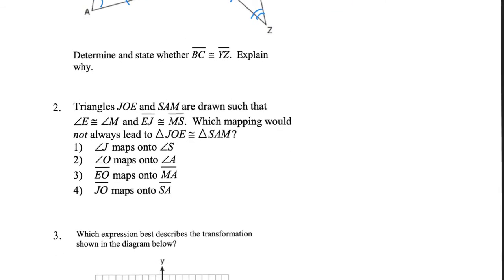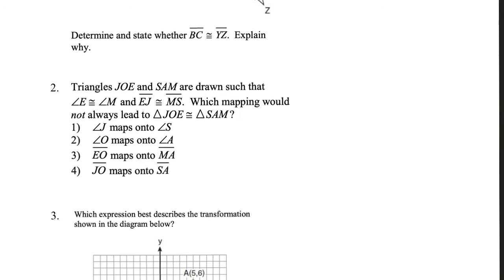Number 2. We got Joe and Sam. Just kidding. Triangles JOE and SAM are drawn such that E is congruent to M and EJ is congruent to MS. Which mapping would not always lead to JOE and SAM being congruent? Well, I see this and it says they are drawn, but I don't see a drawing, so I'm just going to draw a picture of them.